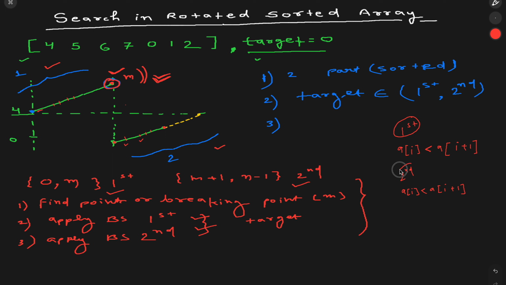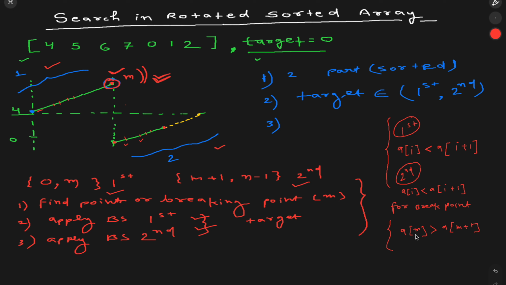So these two properties hold in both arrays. But for the breaking point, we can see that the element at the breakpoint m is greater than the element present after that, m plus 1.